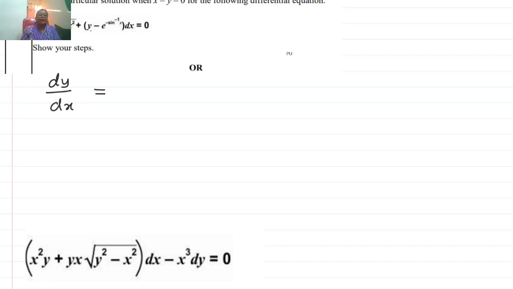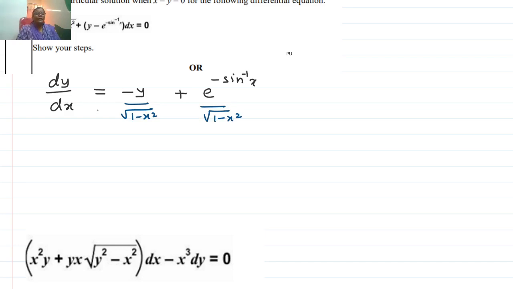So that makes it minus y, and then this will be plus e to the index minus sine inverse x upon root of 1 minus x square.